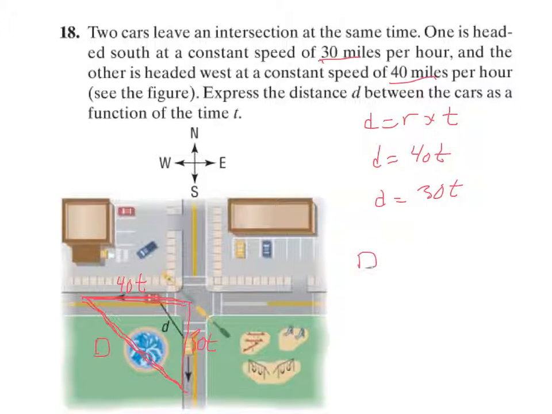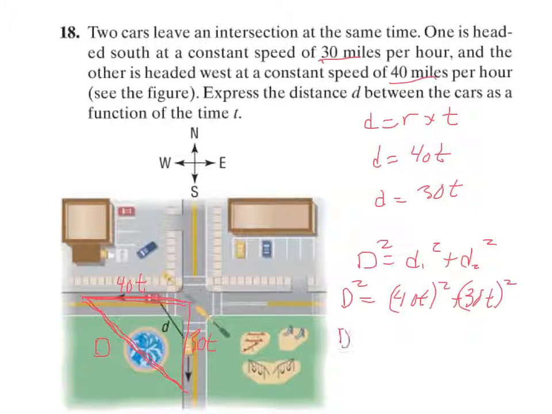So that distance is simply d west squared plus d south squared. So that gives us d squared equals 40t squared plus 30t squared.